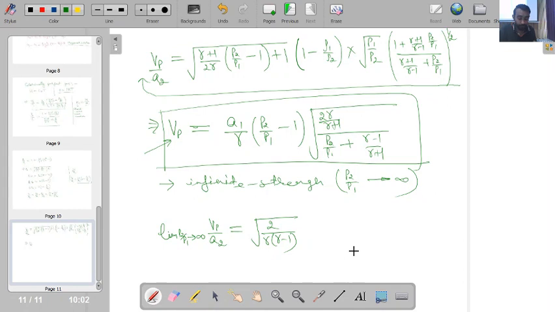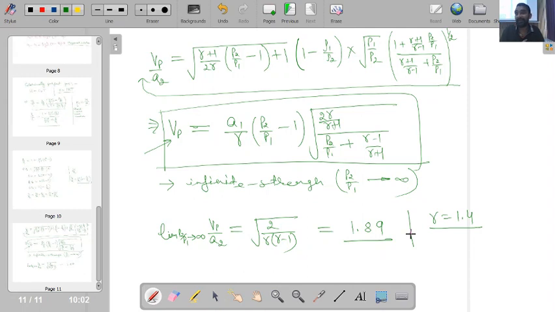If you calculate this value, it comes out to be 1.89, for air at standard atmospheric conditions where gamma is equal to 1.4.